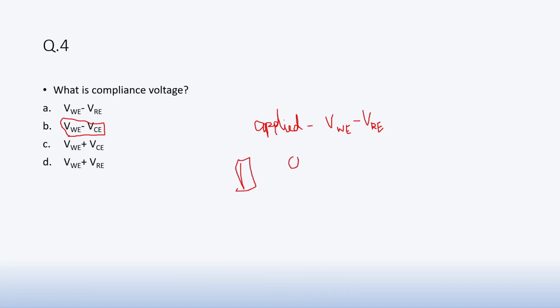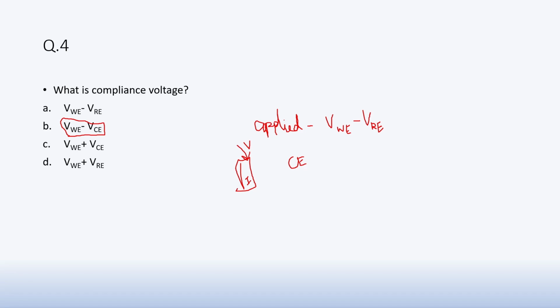You apply a potential at the working electrode, and a current develops. We know that whatever current you get on the working electrode, that same amount of current must be maintained at the counter electrode to complete the circuit.